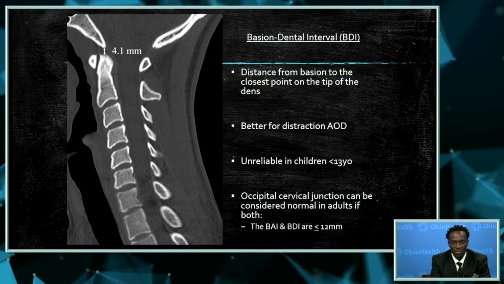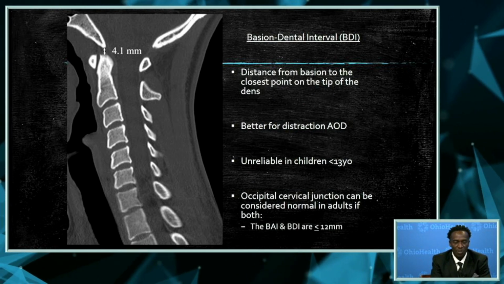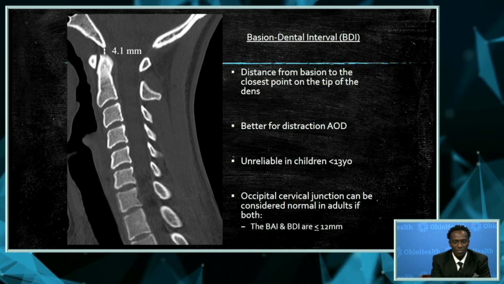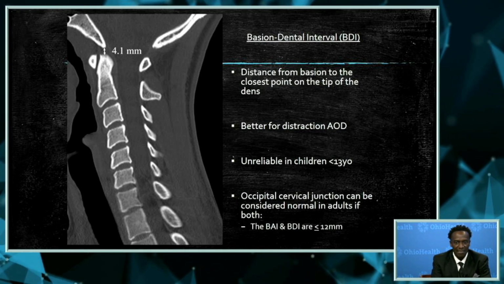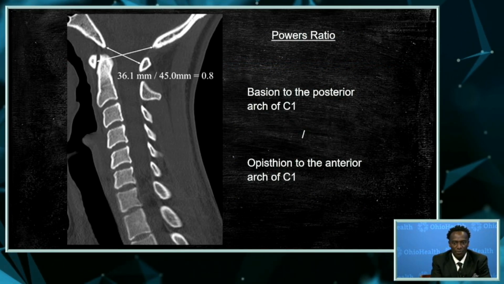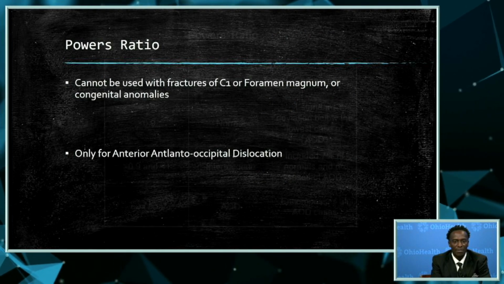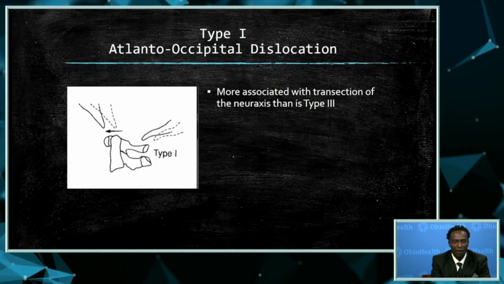For longitudinal dislocations, the basion-dental interval is going to be the key. This is easy to remember because both of them need to be less than 12. The Powers ratio is not as reliable, so I would not use that. I do not use it at all.